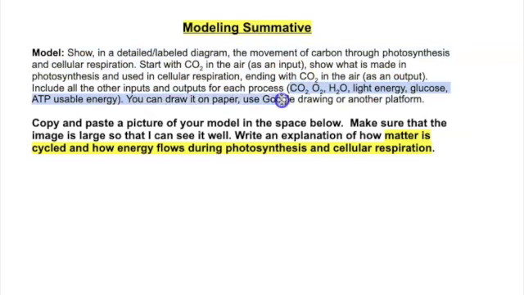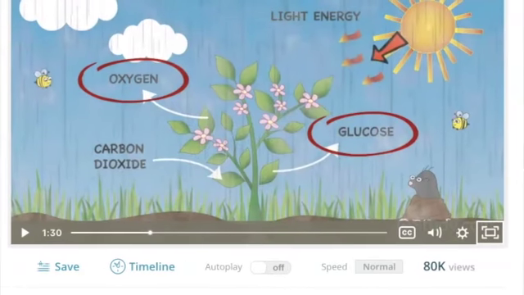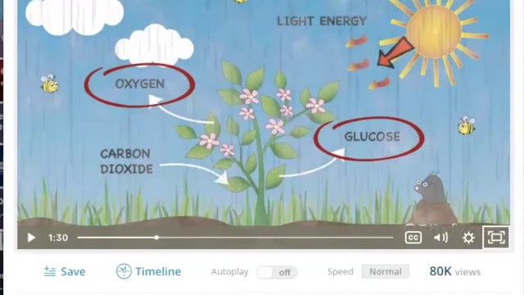Now, if you're stuck on this model, we know we need to include all of these aspects, but it says we need to show CO2 in the air as an input, and it needs to end with CO2 in the air as an output. So here is one example of how you can get started, where you could have light energy, because that needs to be included, going to a plant.